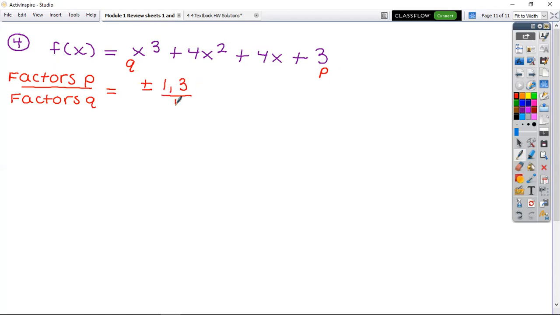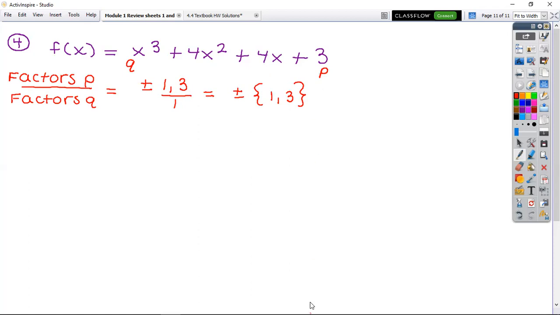Factors of 1 are, can't get much easier than that list, right? So this is equal to just 1 and 3, positive and negative. So when you pick up your calculator right now, we're looking for, do we have a 0 at 1, -1, 3, -3?